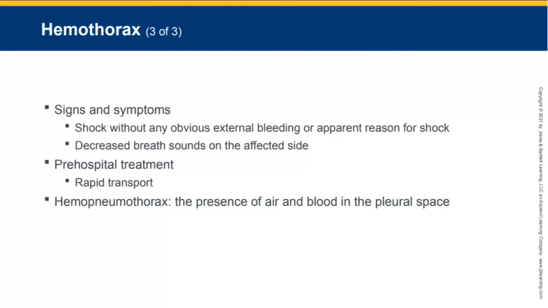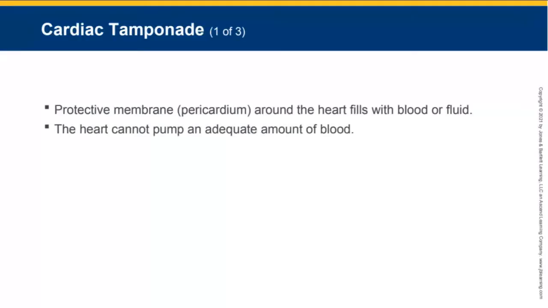Hemopneumothorax, the presence of air and blood in the pleural space. Cardiac tamponade. Now, the protective membrane around the heart is the pericardium, and it has an inner lining and an outer lining. So you have the visceral pericardium and the parietal pericardium, and there are other names based on the layers, but you don't need to know that at this level.